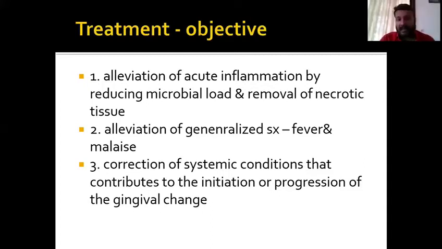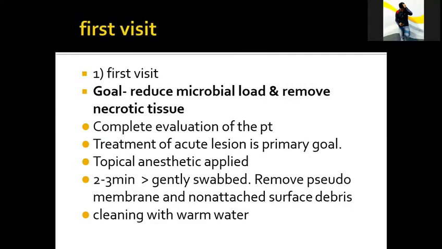The third is reduction of systemic conditions that contribute to the initiation or progression of the gingival change. Because there may be some systemic condition along with the ANUG, that also should be corrected or treated. So coming to the first visit, the goal is reducing the bacterial load and the necrotic tissue.